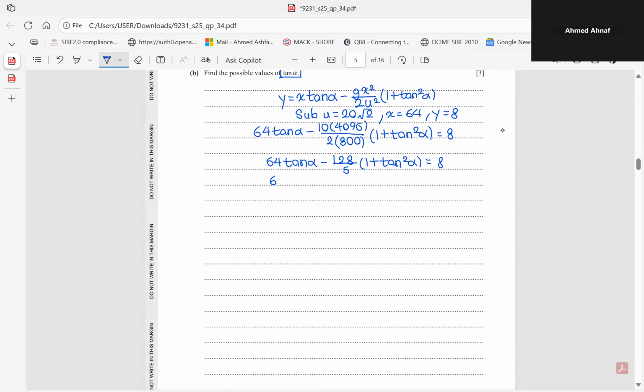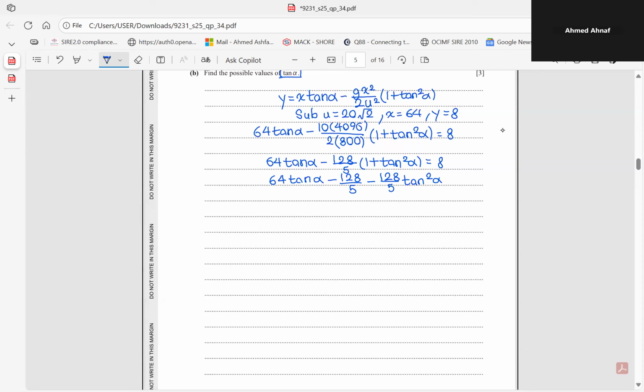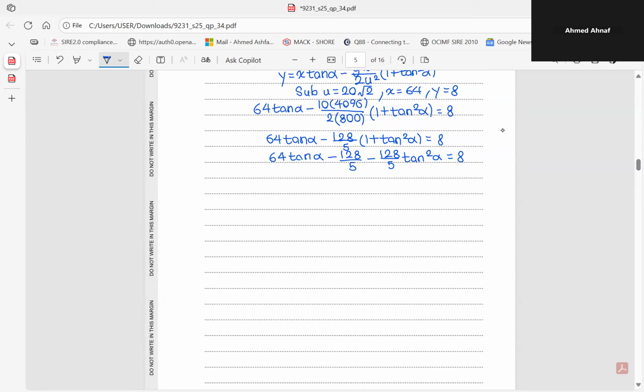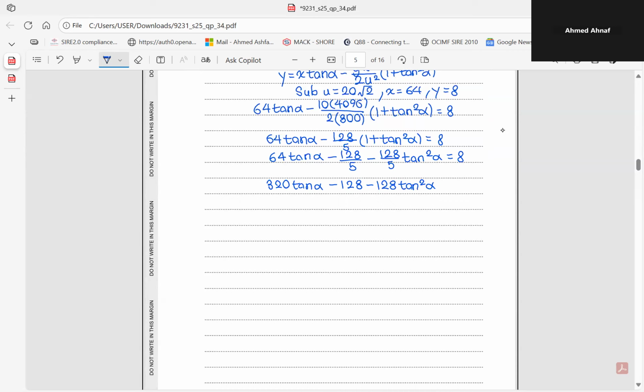Now we're going to multiply everything out. So minus 128 over 5 minus 128 over 5 tangent squared alpha equals 8. Multiply everything by 5: 64 times 5 equals 320 tangent alpha, minus 128, minus 128 tangent squared alpha, equals 8 times 5, you get 40.